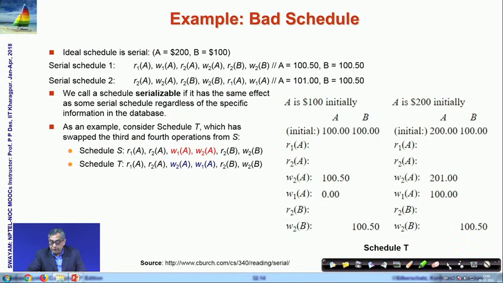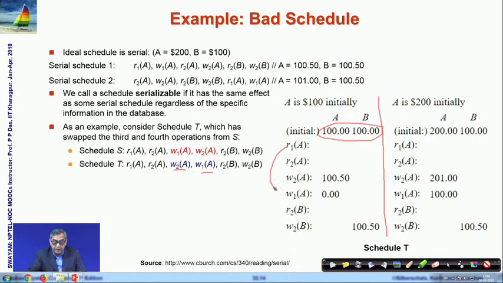Focus on the left part of schedule T, where we assume that A and B both have $100 to start with, and go through these steps. R1 is in transaction 1, R2 is in transaction 2, then W2 happens. The interest is credited, 100.05.